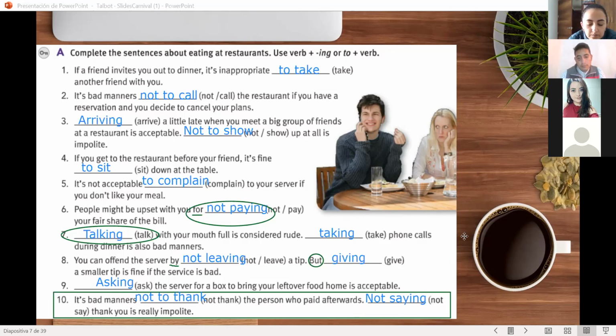Por el punto, teacher. Exacto, hay un punto y estamos empezando otra oración. Si bien está juntita, pero estamos empezando otra oración. Not saying. No decir gracias es muy mal educado, muy descortés.